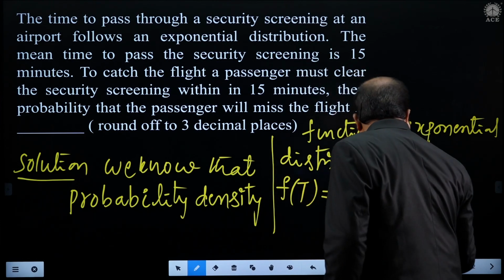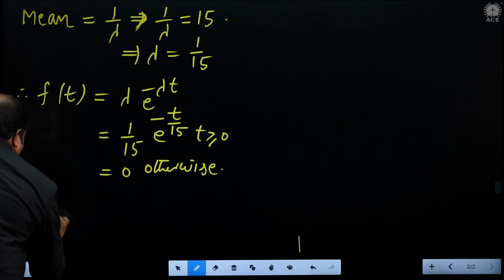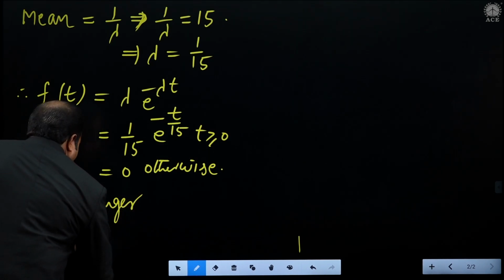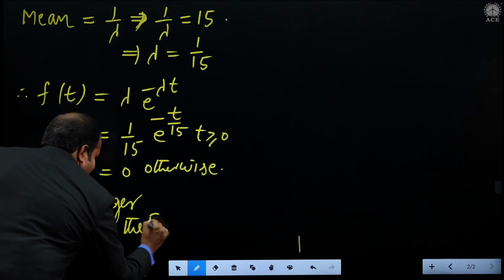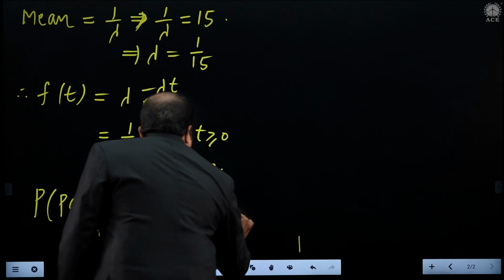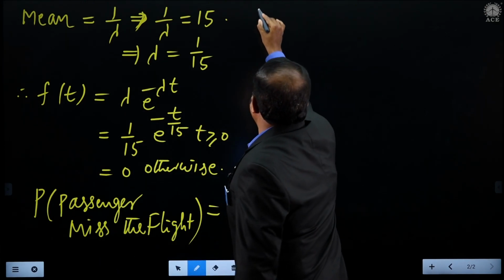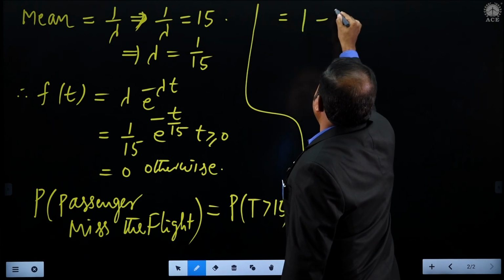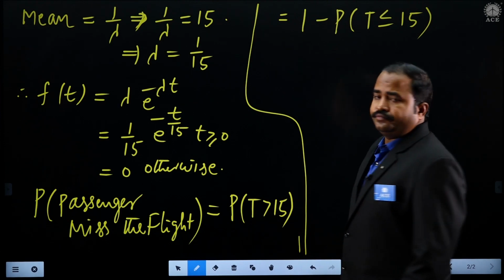Therefore, the required probability of the passenger missing the flight equals the probability of t greater than 15 minutes. This is equivalent to 1 minus the probability of t less than or equal to 15.